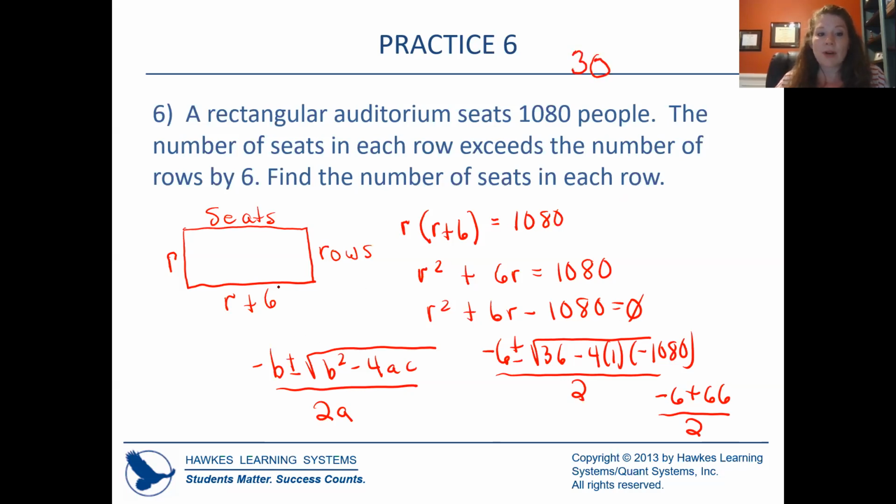Is it the bigger number or the smaller number? Which one's 30? Well, I know that 30 times the other number equals 1080. So I'm just going to divide 1080 by 30, and it's telling me the other number is 36, which means the number of seats is 36 and the number of rows is 30. And the question is, what's the number of seats in each row? The answer is 36.